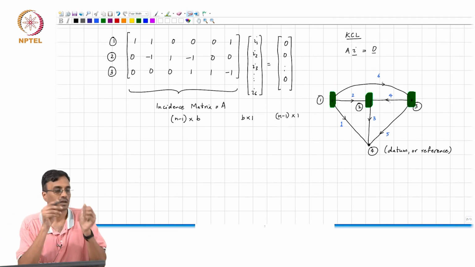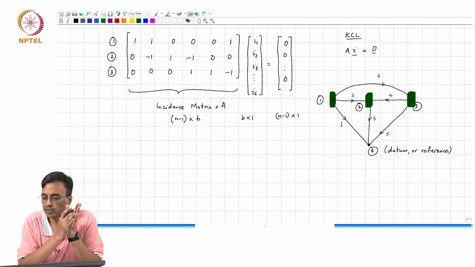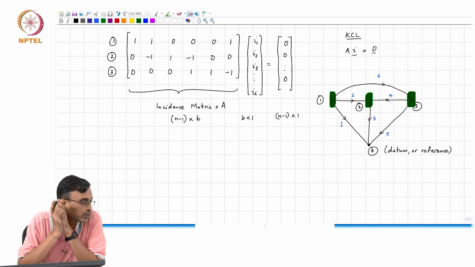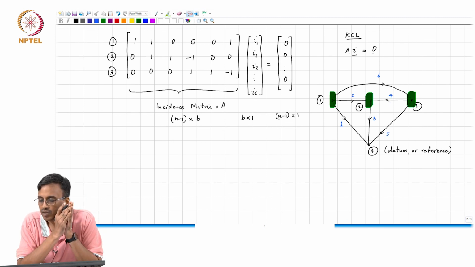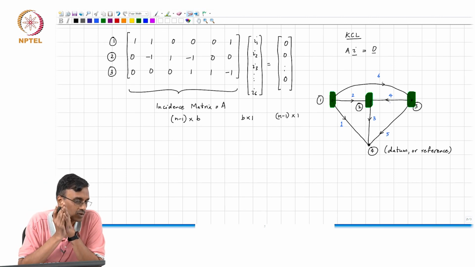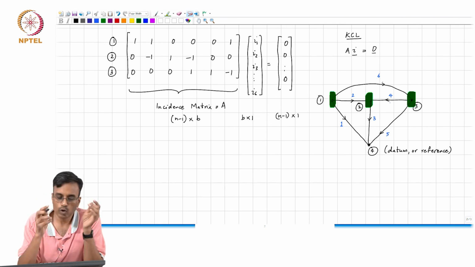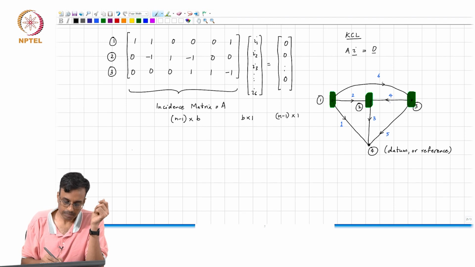So, remember, we wanted to solve this network, we assume that the branch relationships are known. So, we need to use KCL and KVL. KCL in matrix form is written in terms of the incidence matrix as follows, and the next thing is to write KVL, and how would you express KVL in matrix form?